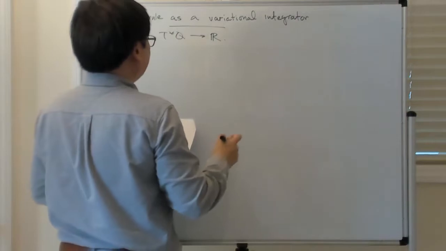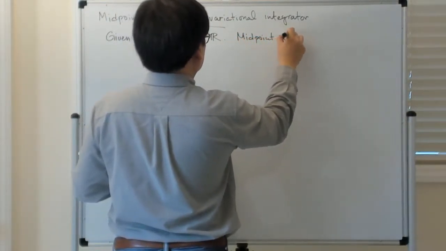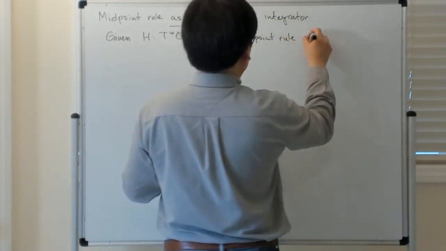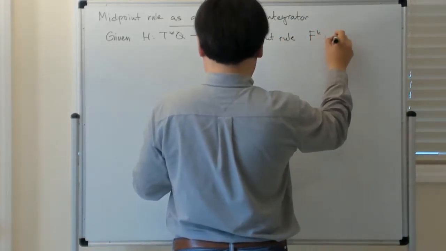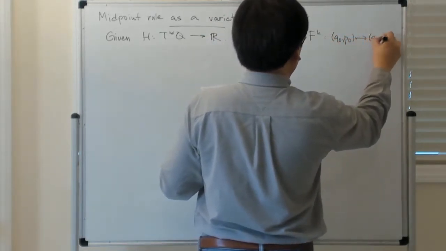And then you have the midpoint rule. There's a map, let's call that F_H, which is a map from (Q0, P0) to (Q1, P1).